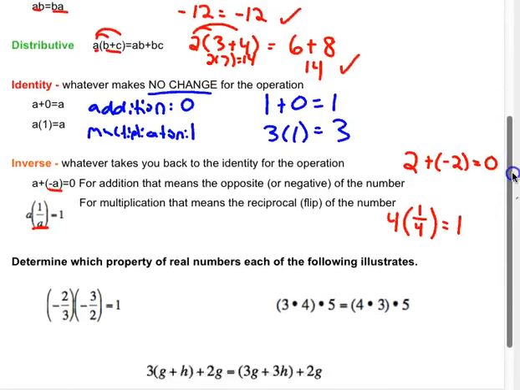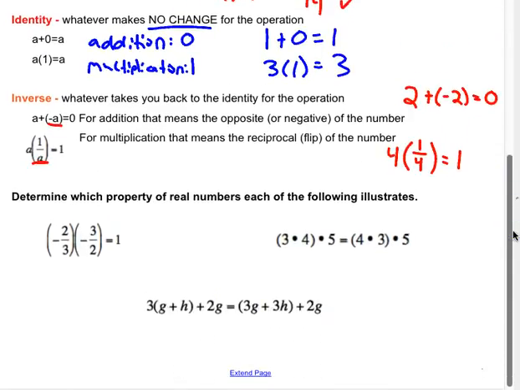All right, so there's our big list of things. Now, let's talk about identifying them, okay? That's going to be the biggest key here, is identification. So, determine which property of real numbers each of the following illustrates. Here, what I'm noticing is I'm taking a number and I'm multiplying it by something to get 1.